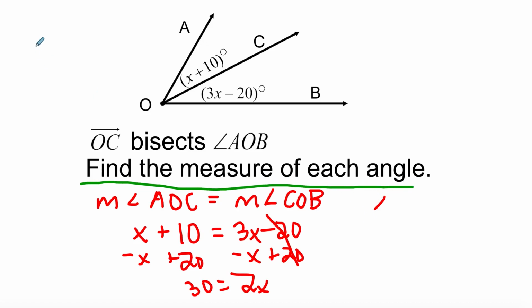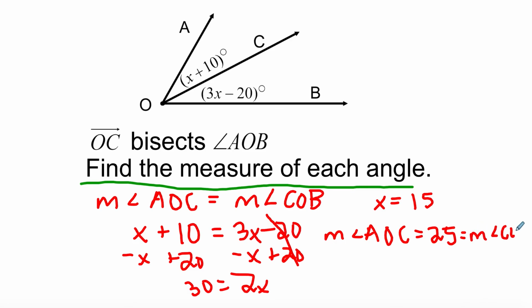So x is 15. Then I need to come back and plug this in. So since angle AOC equals x plus 10, I'm just going to plug in a 15 for x, and I know that the measure of angle AOC is 15 plus 10, which is 25, which also happens to be, because this is a bisector and these angles are congruent, the measure of angle COB.